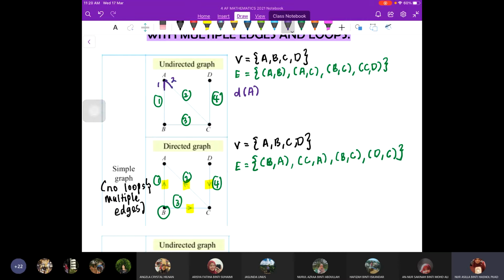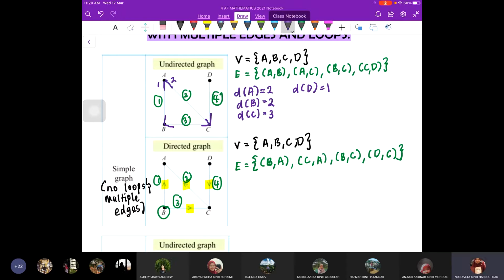So, degree for A is 2. Degree for B is also 1, 2, 2 juga. Degree for C is 1, 2, 3. So ada 3. So degree for D is 1. Tu je lah.